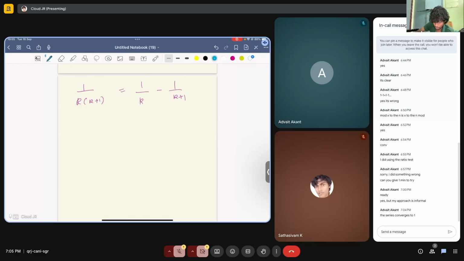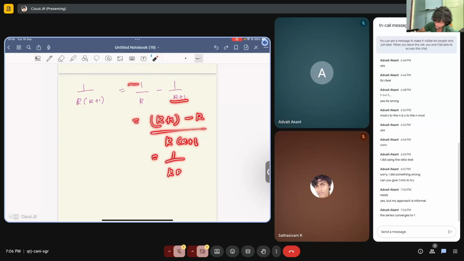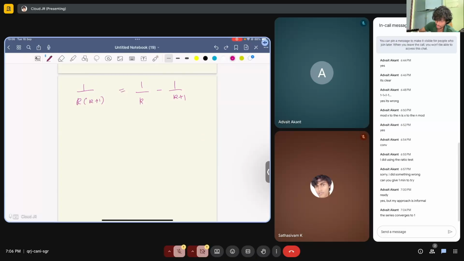So we have this. Now if you want to verify, all you can do is cross multiply and see. This will be k plus 1 minus k divided by k into k plus 1, which is nothing but 1 by k into k plus 1. That verification is easy.